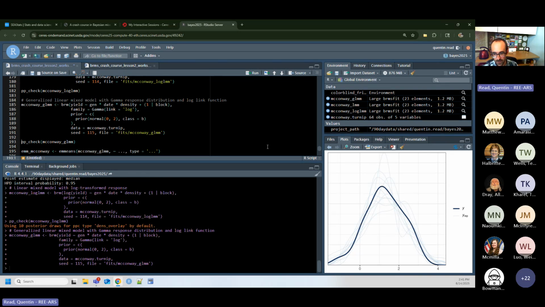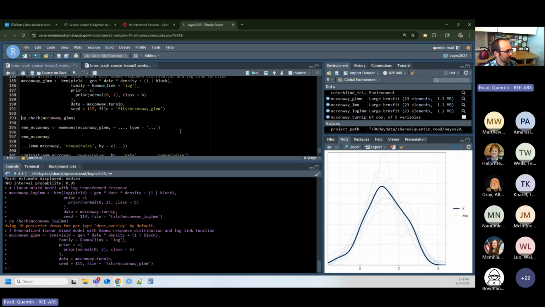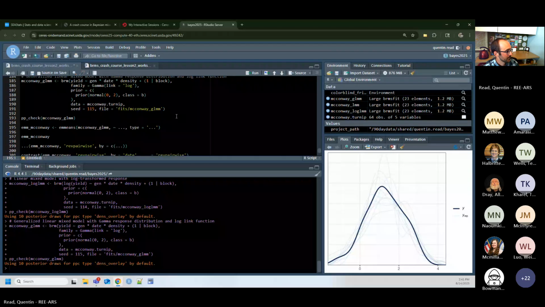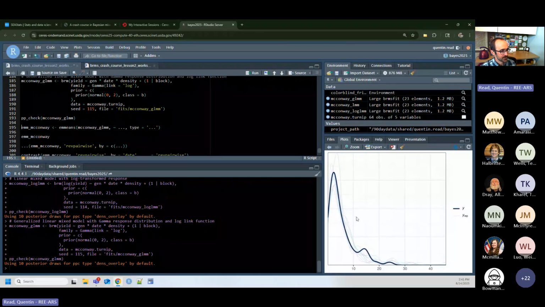Again, I use the pre-fitted model object, so it runs without having to compile and resample the model. Now let's look at the predictive check plot for this model. You can see here that the last one showed the transformed data, but here we have the original data.